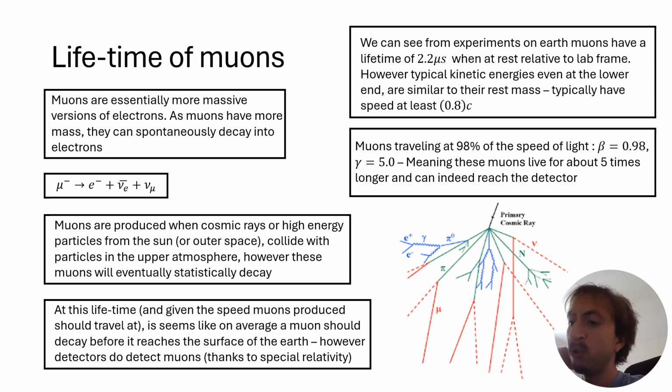If you look at particles that decay via strong interactions, you're traditionally looking at lifetimes of the order of nanoseconds or maybe even picoseconds. So 2.2 microseconds is actually quite large in the particle realm. However, 2.2 microseconds isn't long enough for muons to reach the surface, given that there's this limiting speed of the speed of light.